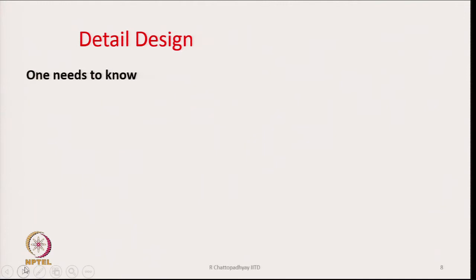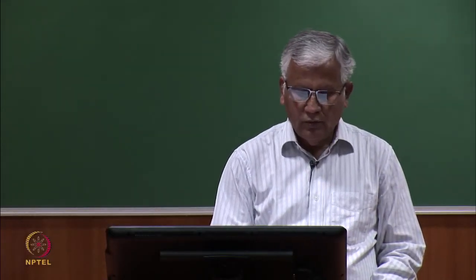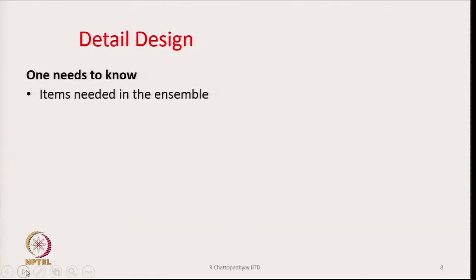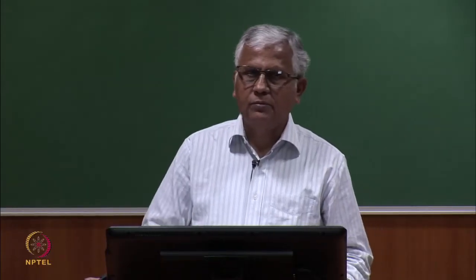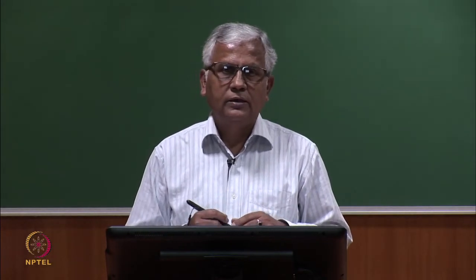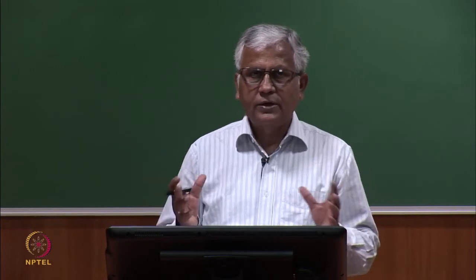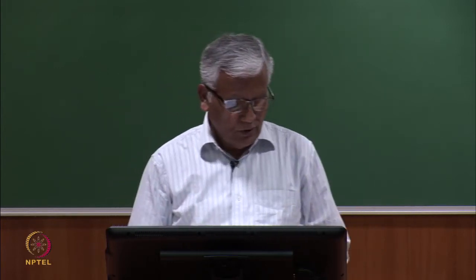Now comes the detailed designing process. When it comes to the detailed designing process, one needs to know first the items that are needed in the ensemble. A person is going to wear an ensemble, not just one jacket. So, what are the different items of the ensemble, we need to know that.